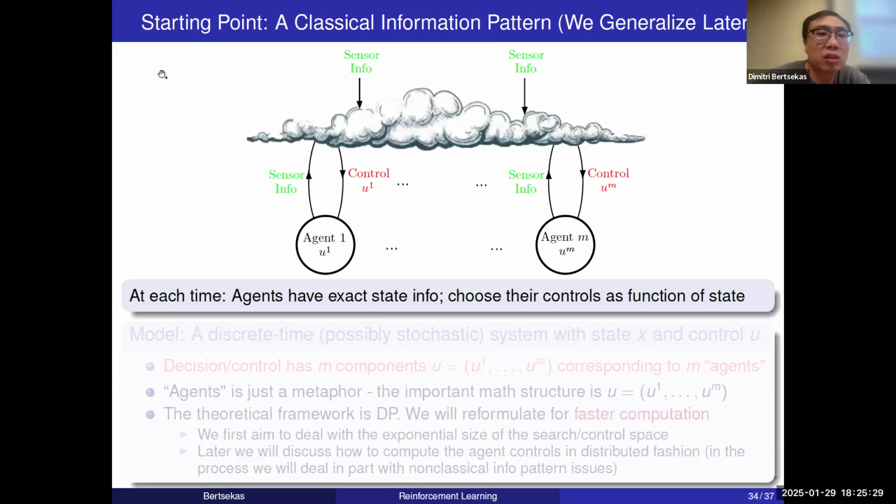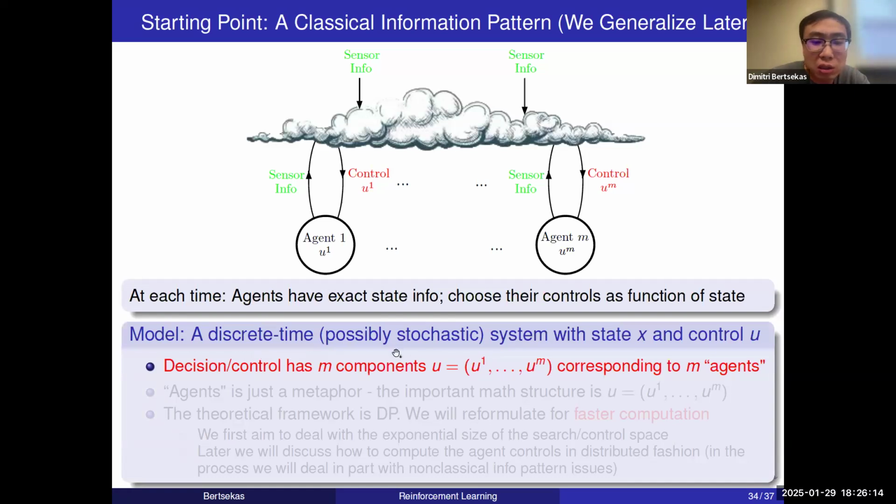But we will focus here on the classical information pattern case, where at each time, agents have exact state information and choose their control as a function of state. So this exact state information is shared by all the agents, and therefore the picture looks like this. Every agent has the same access to the sensory information stored in the information cloud, and every agent gets its control decision computed by the computing cloud that collected all the available information.